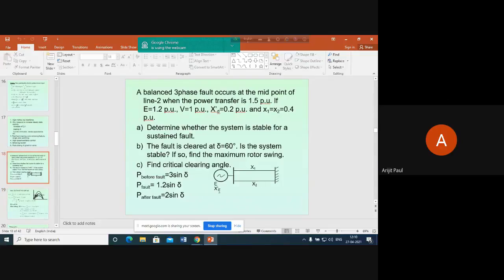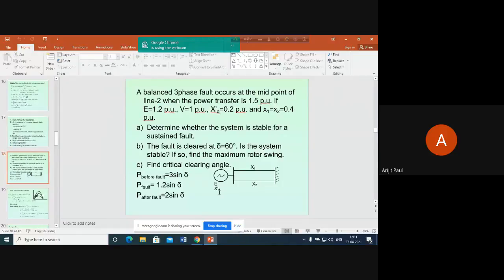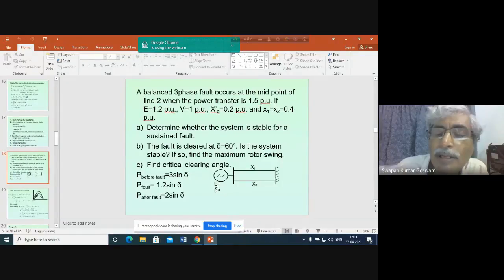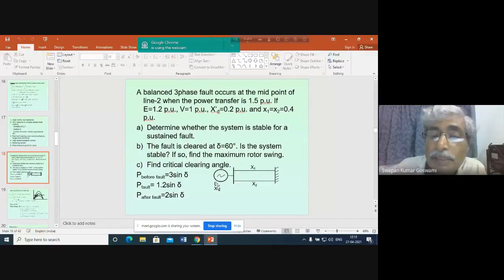You see that during fault, this is the machine. How to represent this? This will be represented by the generated voltage plus the synchronous reactance. We represent it on a per phase basis because it is a three-phase fault. So the voltage is 1.2.